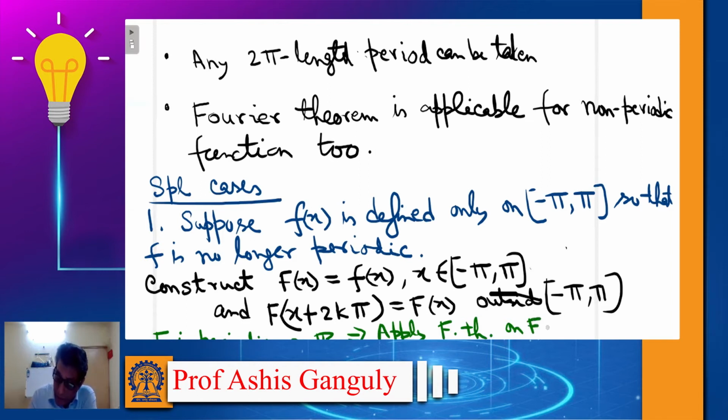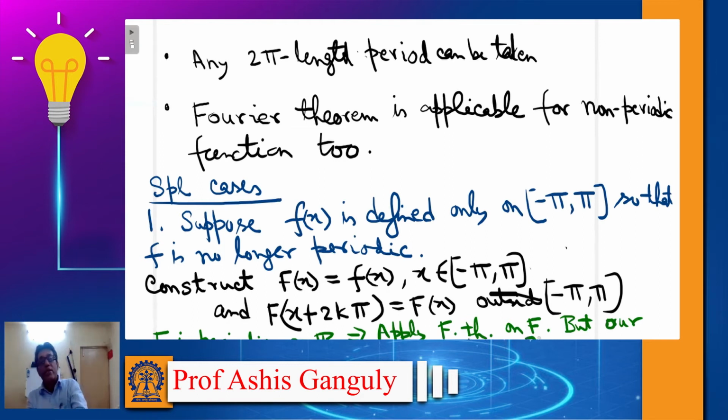But our interest will be the expression of f in minus pi to pi, because it is the interval of interest.